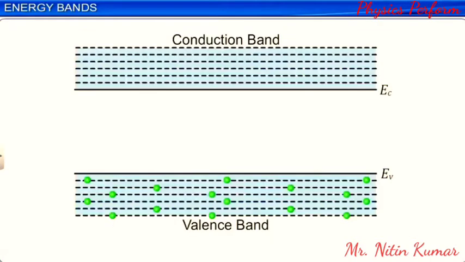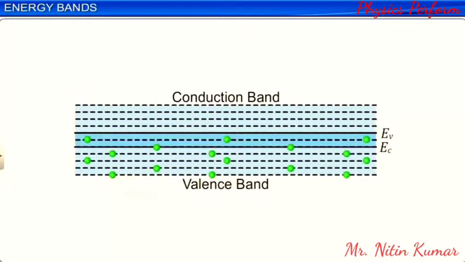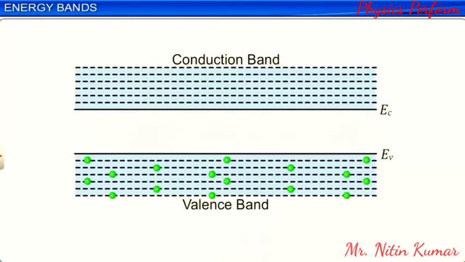Let us now look at the specific case of solids where the energy band gap EG between the conduction band and valence band is very small, or the conduction band overlaps the valence band. When such an overlap occurs, the band gap EG is nearly zero. In solids where a very small band gap exists, with no external energy available, there are no electrons in the conduction band. When a small energy is supplied, the valence band electrons move into the conduction band.